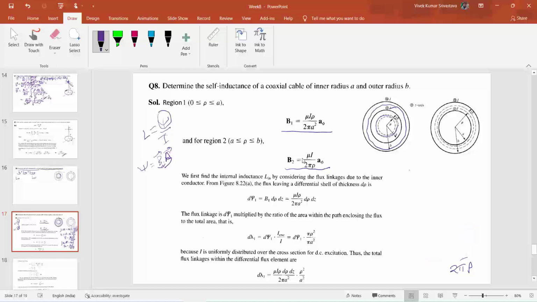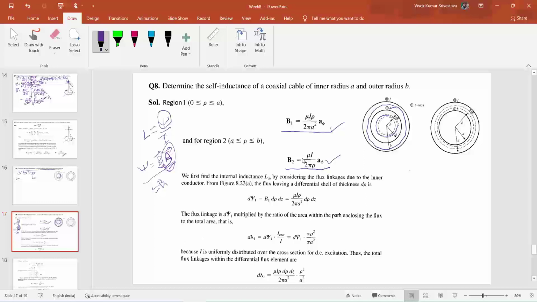So that's how you can calculate the value of field in the inner conductor as well as in between the conductors. Once you determine these fields, we will use this field for determining the value of flux. Flux is also dependent on surface area, because as we know phi is defined as B dot S. The B value we have already calculated, so I am considering it as B1.